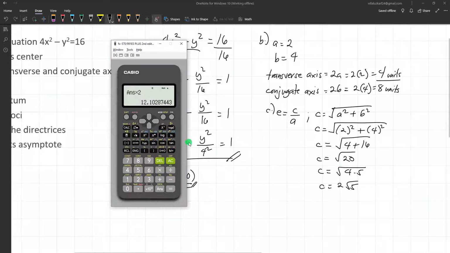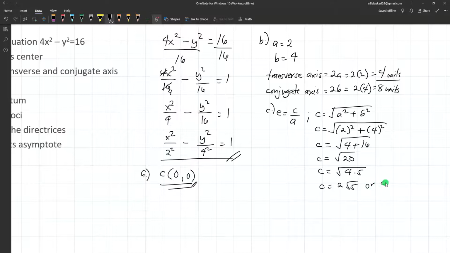So we have 2 square root of 5, or equivalent to 4.472 units. Let's just use 2 square root of 5 for an exact value for e.